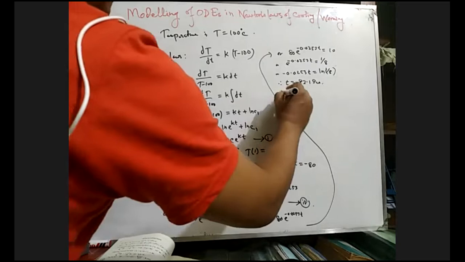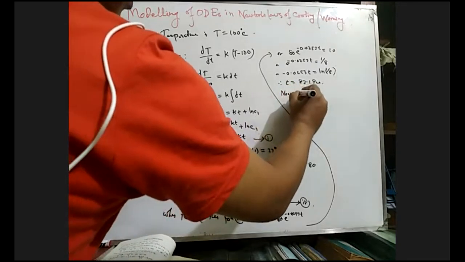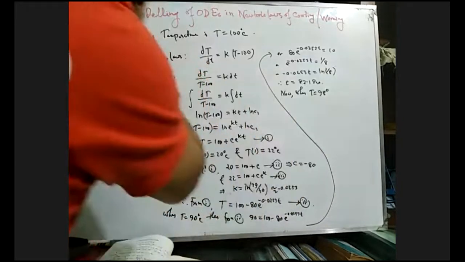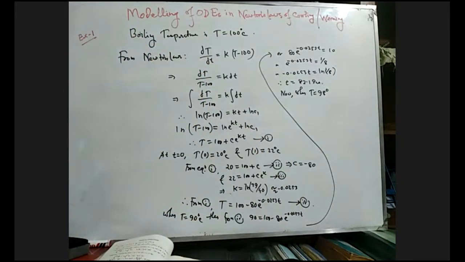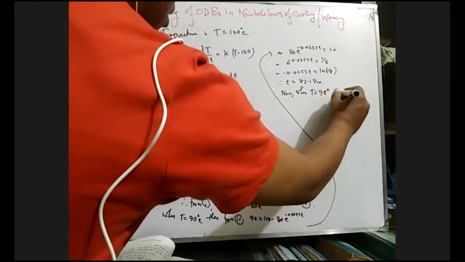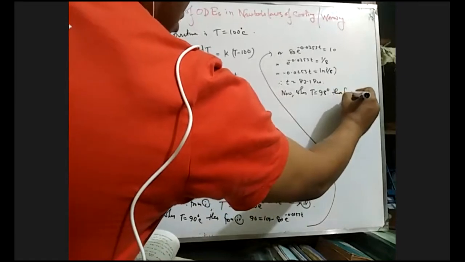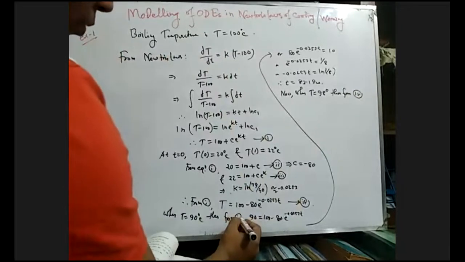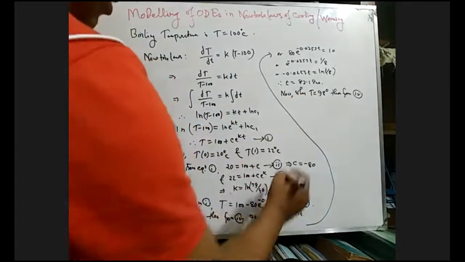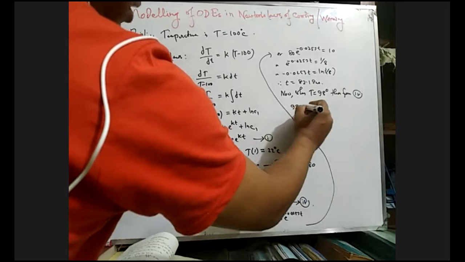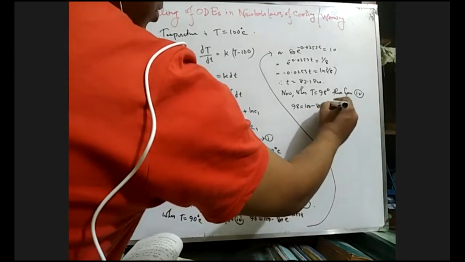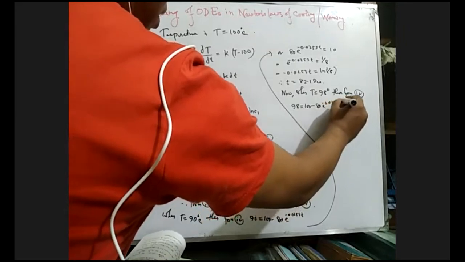So now, when capital T equals 98 degrees, then from equation 4, similarly, 98 equals 100 minus 80 e to the power minus 0.0253 t.